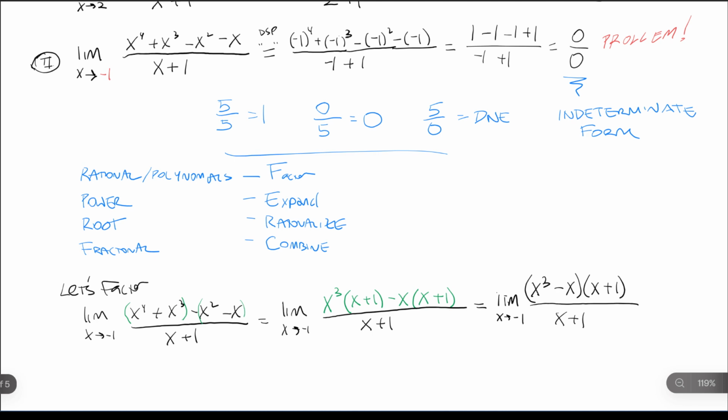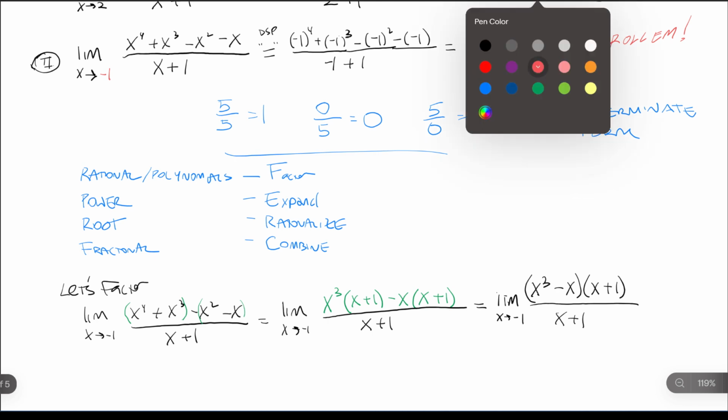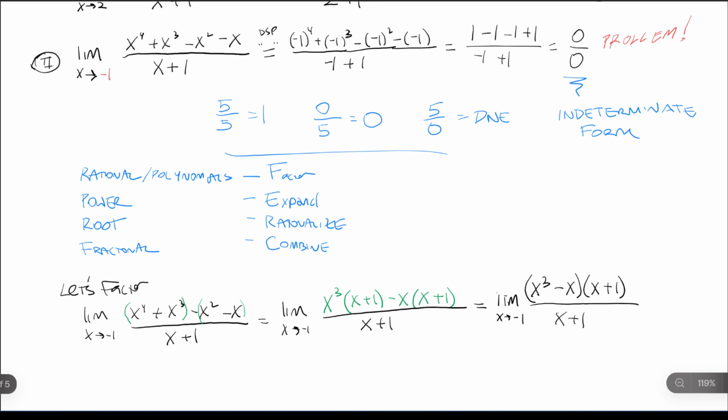Now, we knew that x plus 1 must be a factor of the numerator. Why did we know that? Why did we know that the only way we could have proceeded with this problem is with x plus 1 being a factor in the numerator? How do we know that must have happened? We know that because when we plugged in a -1 to the numerator up here, we got a 0, right?